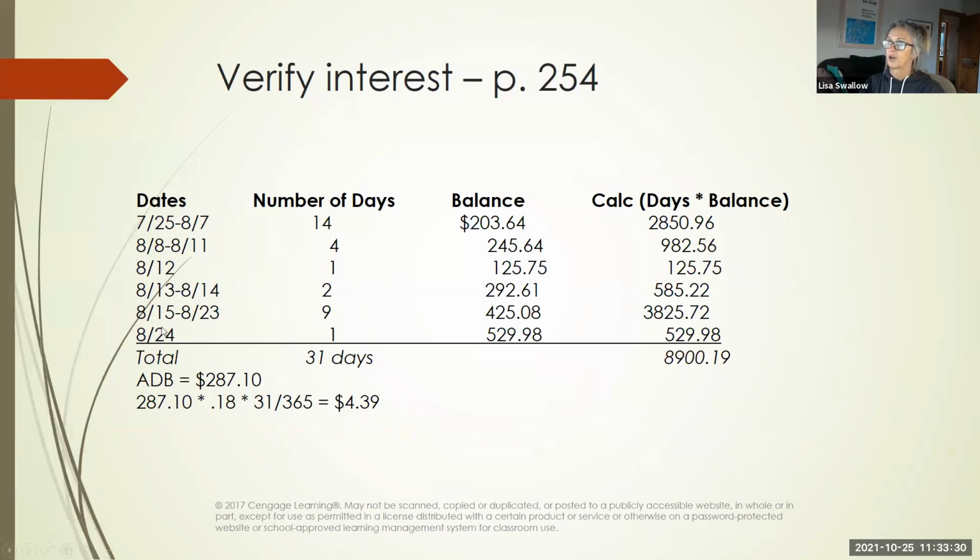Okay, so we've gone through the second row together. The third row, I've only got my outstanding balance for 1 day on the... wait, so it changes on the 13th.